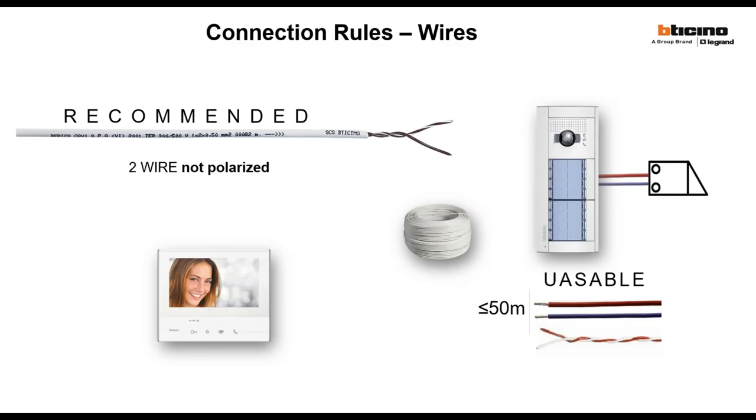We recommend to use our 2 wires because the twisting and the sides give the possibility to reach 200 meters. If you have an existing building and the wires are old, and you cannot replace them because there's no way to pass a new wire, yes, you can use the existing wires with the limit of 50 meters.